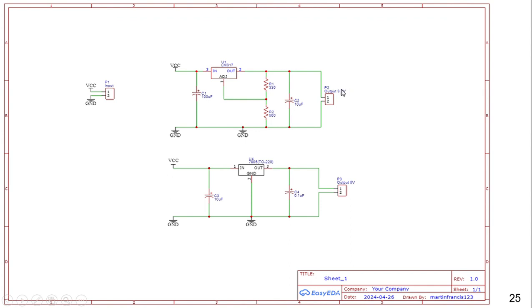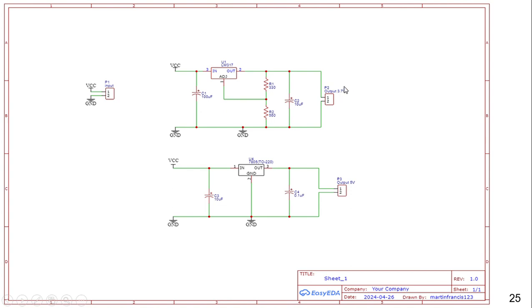Coming to the power supply part, we have an LM317 here and a 7805. 7805 is a fixed regulator. There are capacitors here. Capacitors here are to avoid noises in the system.